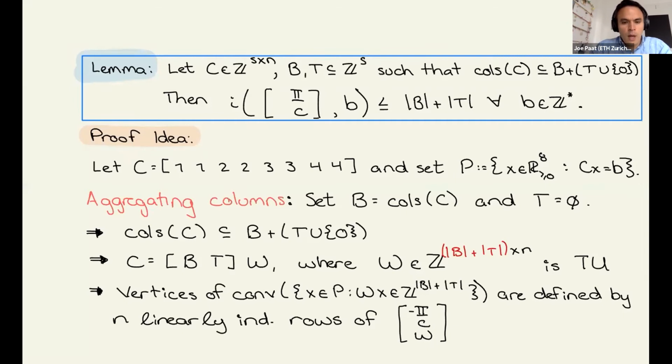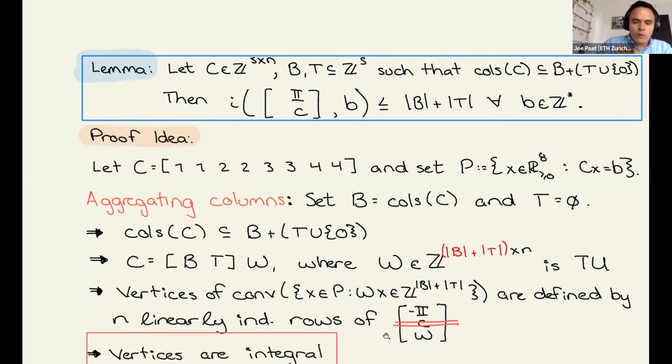But this second bullet point shows that C is linearly dependent on W. And we know that any vertex of the mixed integer hull has to live on one of these fibers, so it has to satisfy these W constraints anyway. And so when we try to find the linearly independent constraints that define our vertex, we only have to choose them from I and W, which is again a TU matrix, so the vertices are integral.